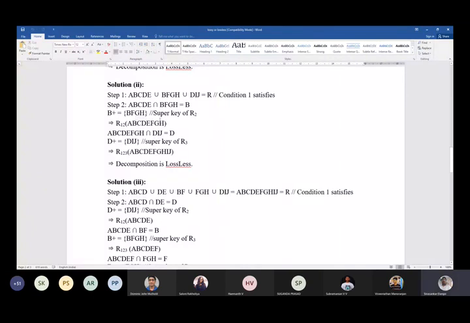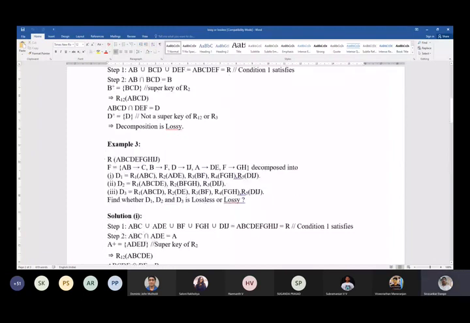Now you are going to have both the relations together, A, B, C, D, E, F, G, H. R12 intersection R3 is going to be D. D closure is going to be again DIJ, which is a super key of R3. Hence the decomposition is a lossless decomposition.